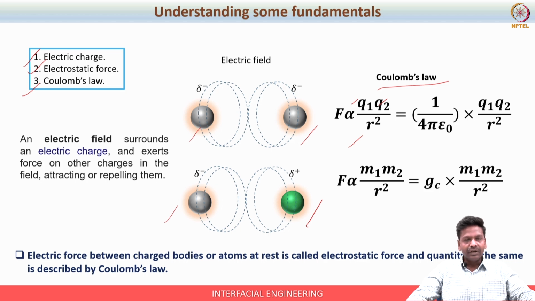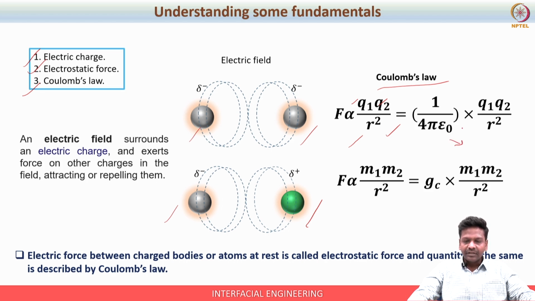It is also inversely proportional to the square of the distance, which is r square, up to which these point charges are interacting with each other. That is what we have given here. And the proportionality constant is nothing but 1 by 4 pi E naught.